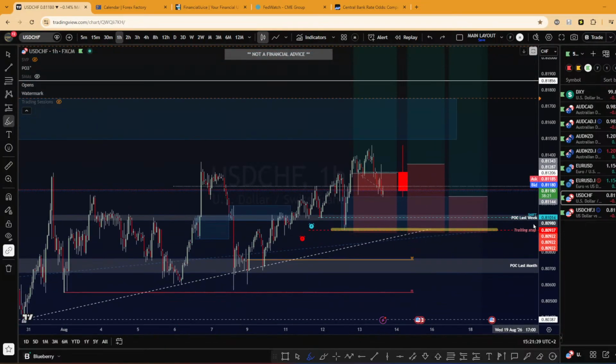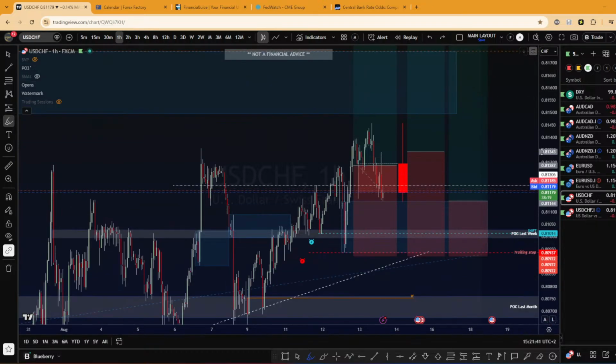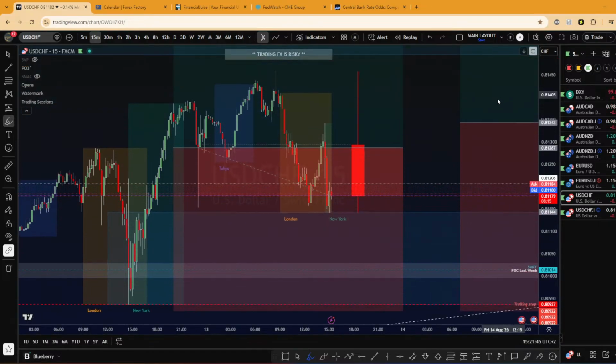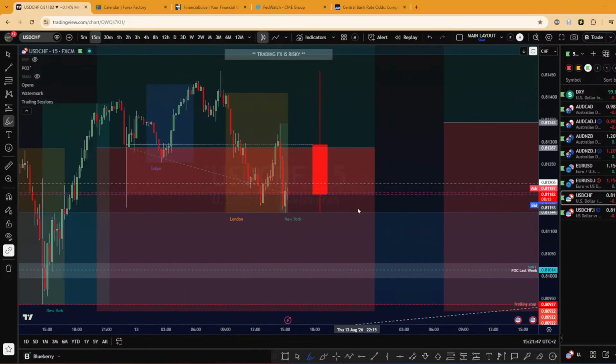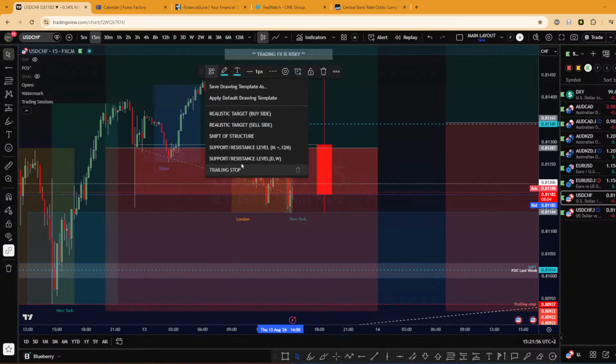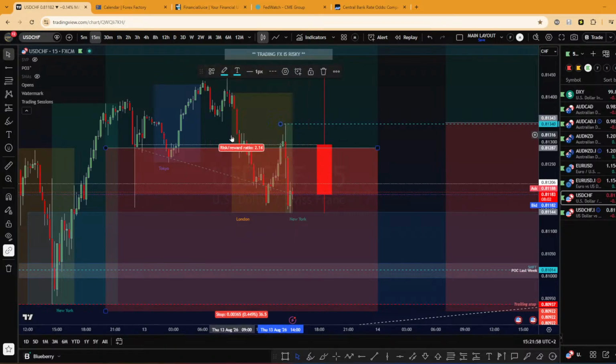Okay. So let's see on lower time frame. Yeah, very weak. So let's mark up this thing as a shift of structure.